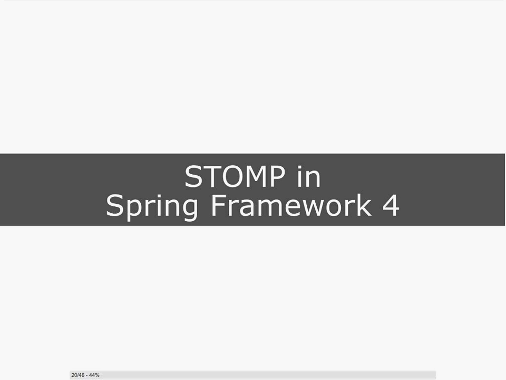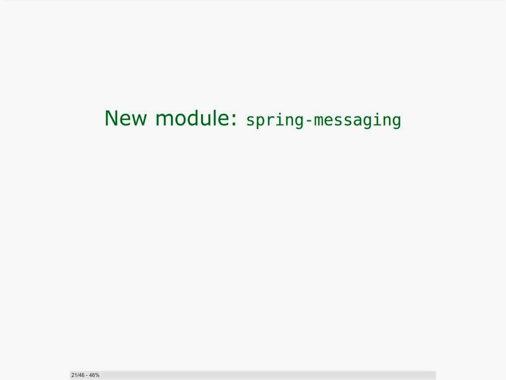Next, we're going to talk about STOMP support in the Spring framework itself. We have a new module called Spring Messaging, which contains the STOMP support. The Spring framework now understands the STOMP protocol and can process STOMP messages. And we have a number of message handling annotations that serve as the programming model, just like we have the request mapping annotations in Spring MVC. Here we have annotations for processing WebSocket messages.